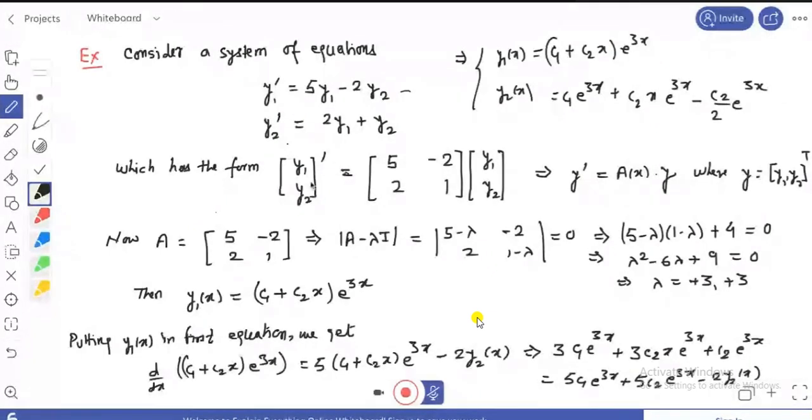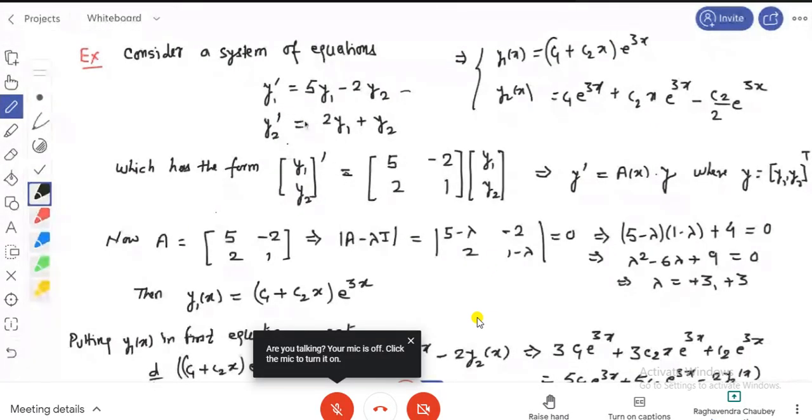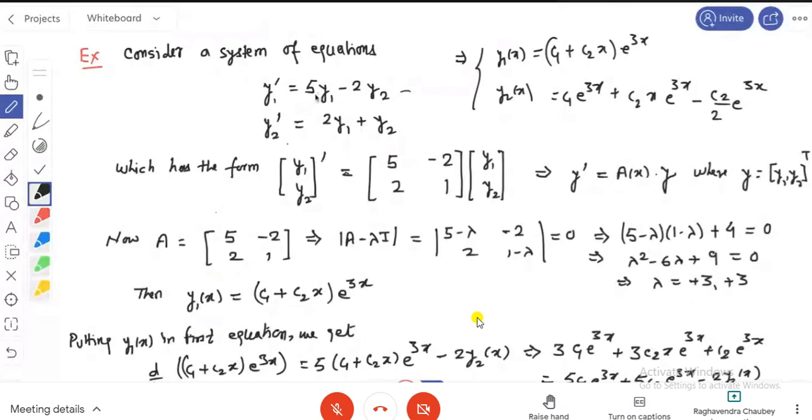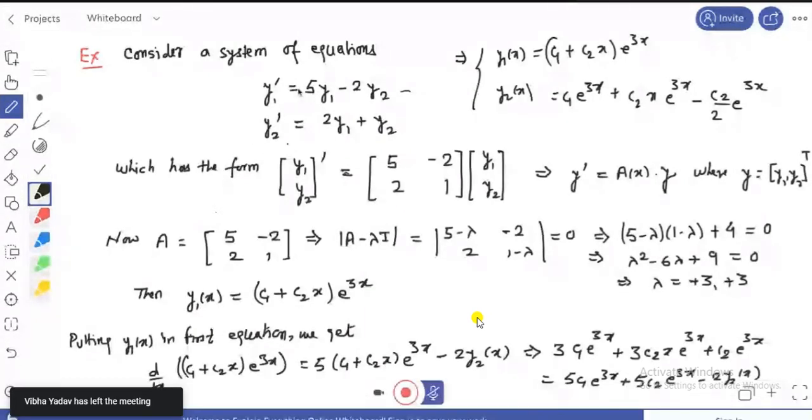In the next class we will discuss how an nth order differential equation can be reduced to the form of a system of differential equations.